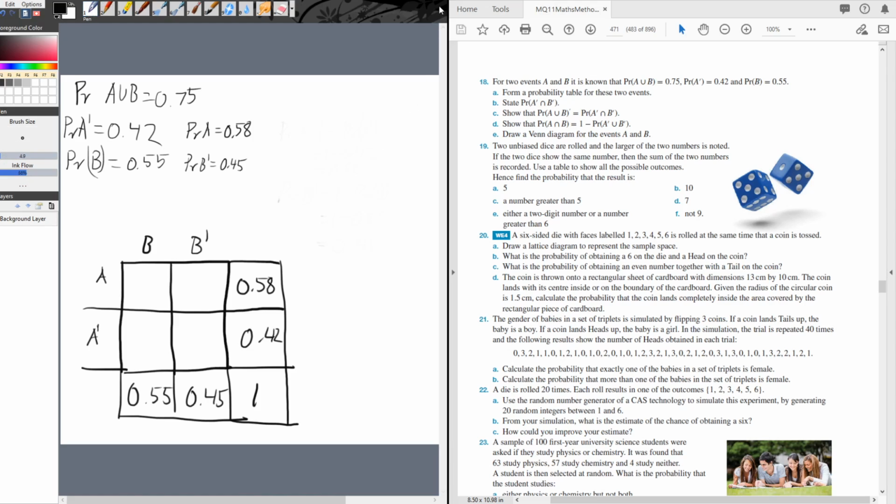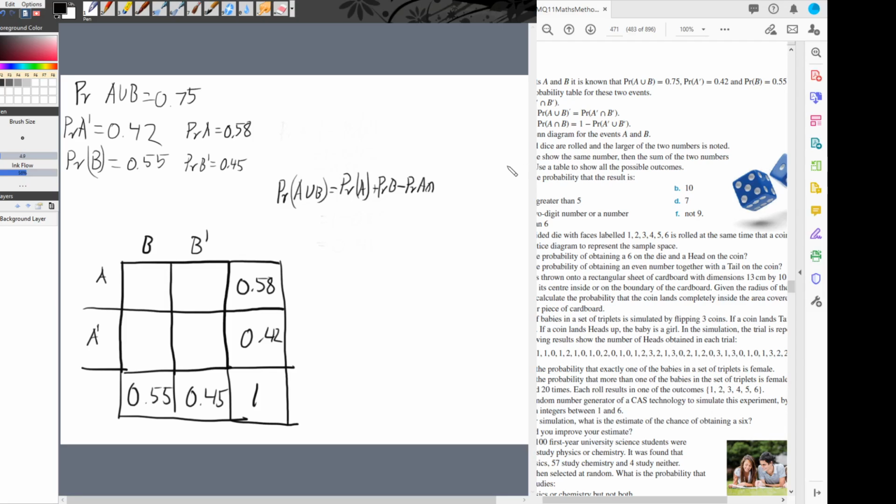Alright, so the probability formula for the union is PR of A union B is equal to the probability of A plus the probability of B minus PR of A intersect B. Right, so that's the formula.